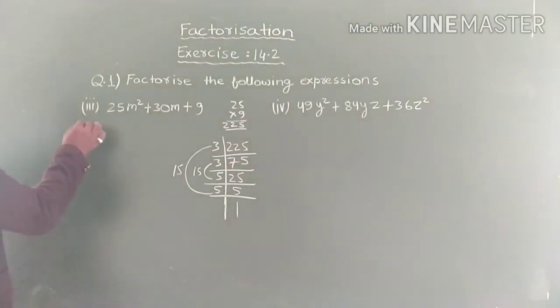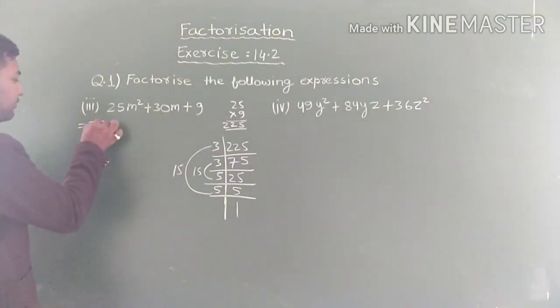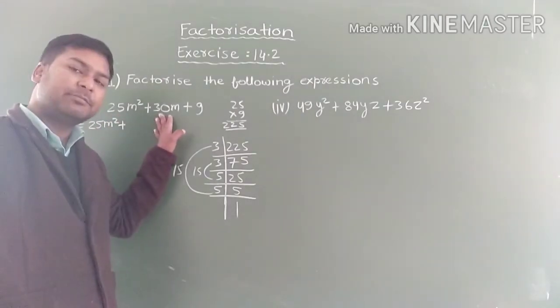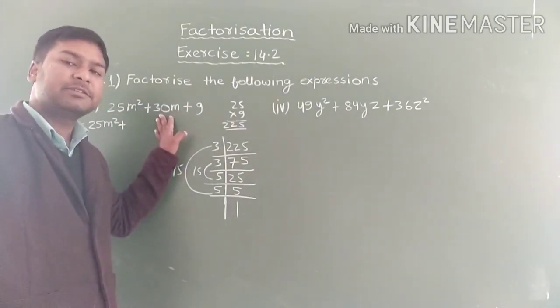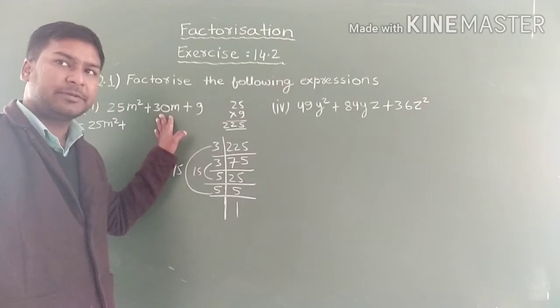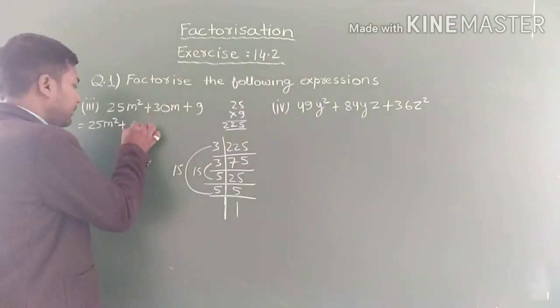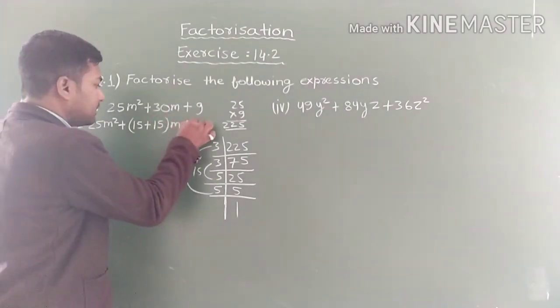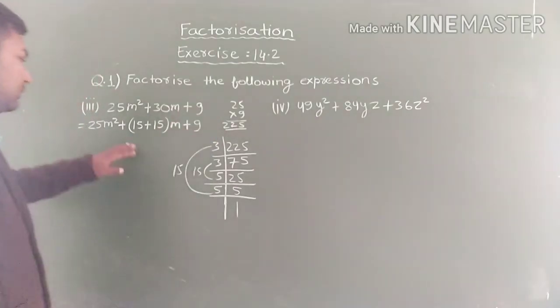So here we can write 25m square plus, at the place of 30 we write 15 plus 15, so 15m plus 15m plus 9.